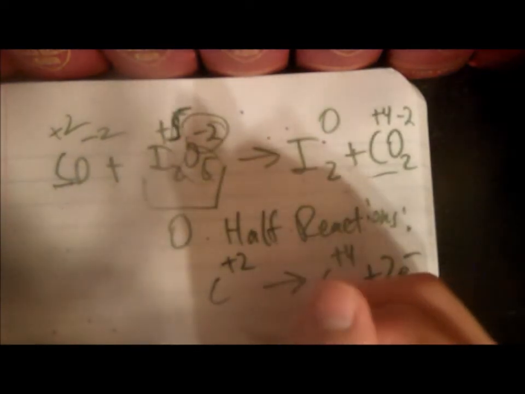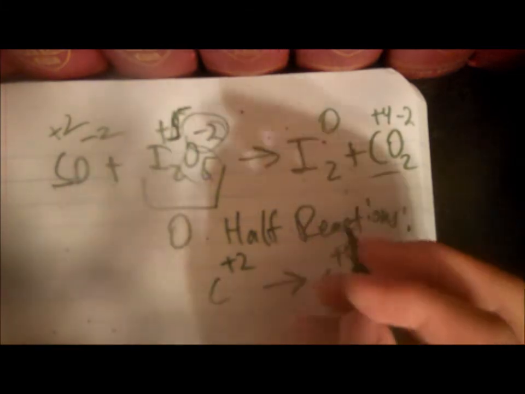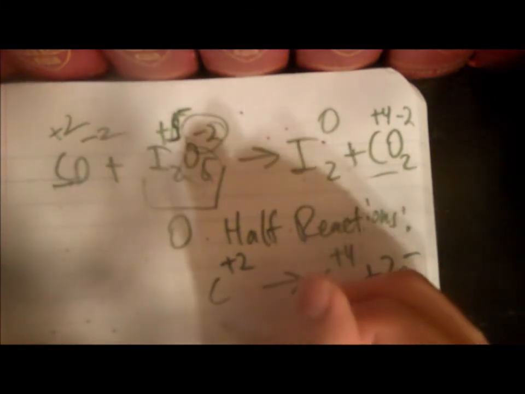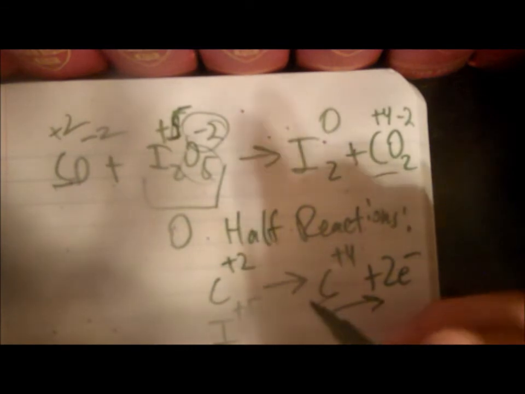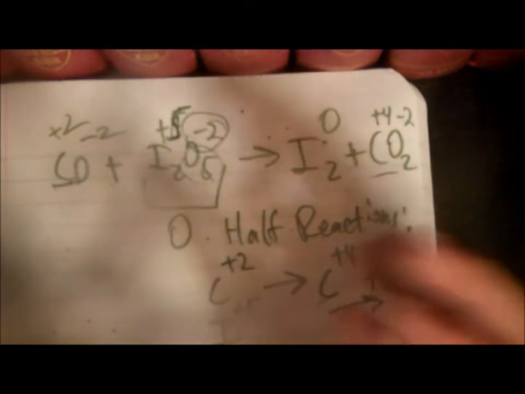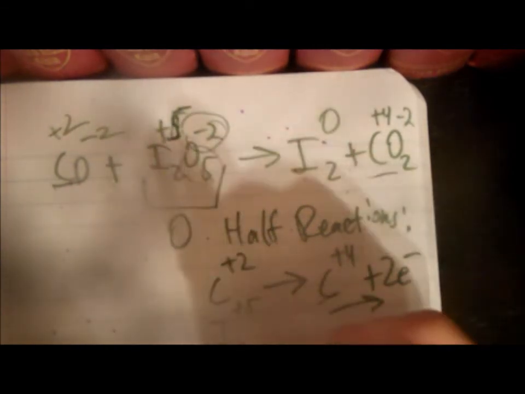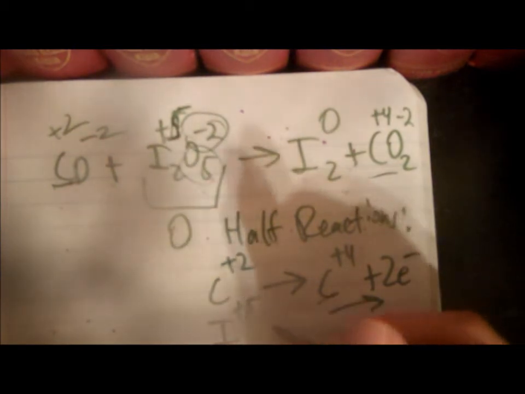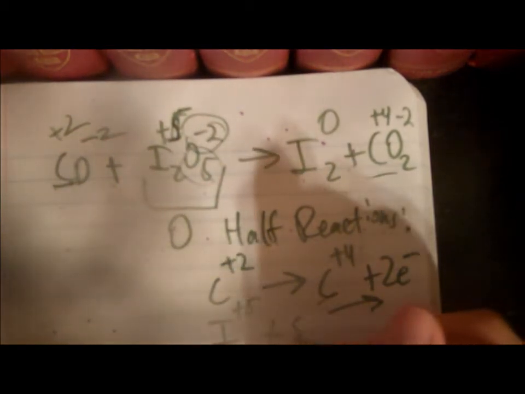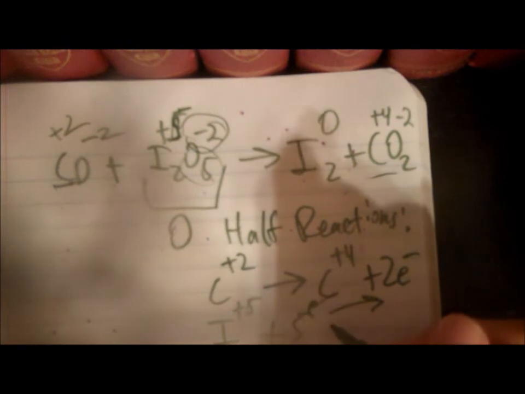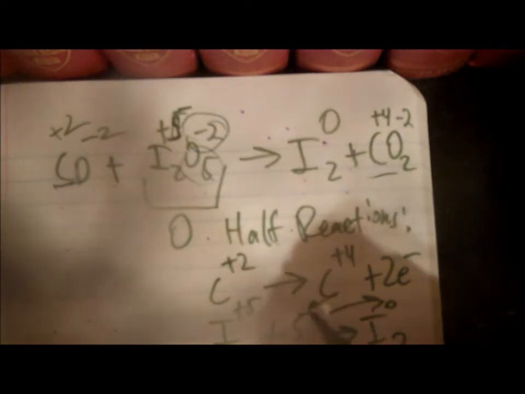Well, for the reduction reaction, or where it gains electrons, I would then have to use iodine, right? Because naturally, it's the only element left. So, iodine plus 5 electrons produces that. Well, hold on.